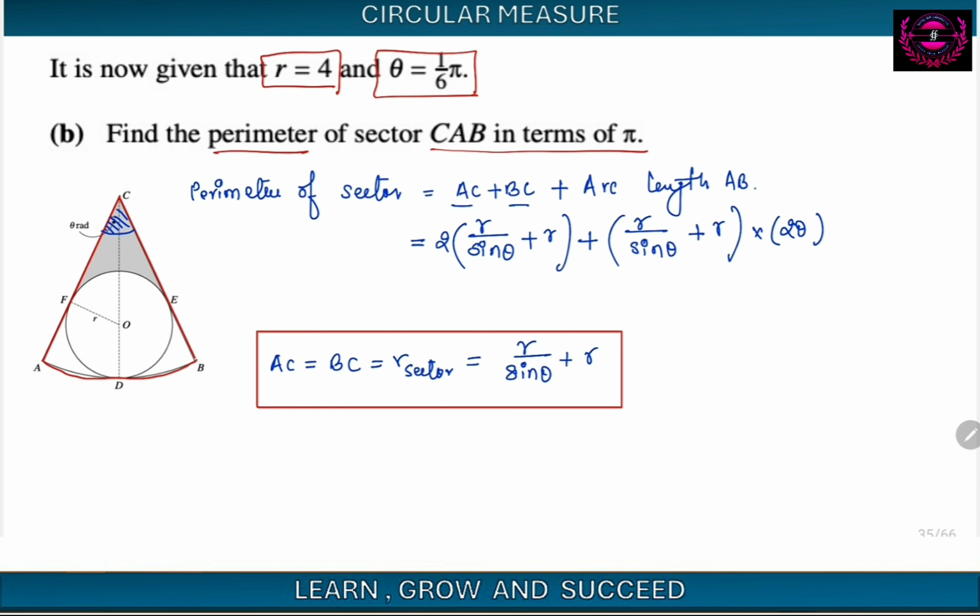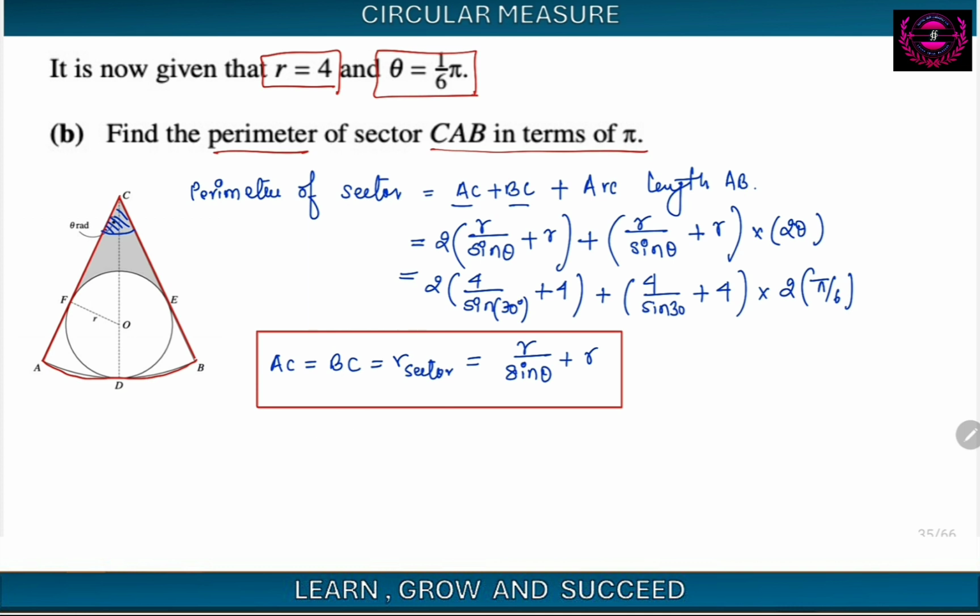Now substituting the values of r and theta in this expression, we have 2, r is 4, so 4 upon sine pi by 6, which is 30 degree, plus 4, into 2 theta. So theta is pi by 6.